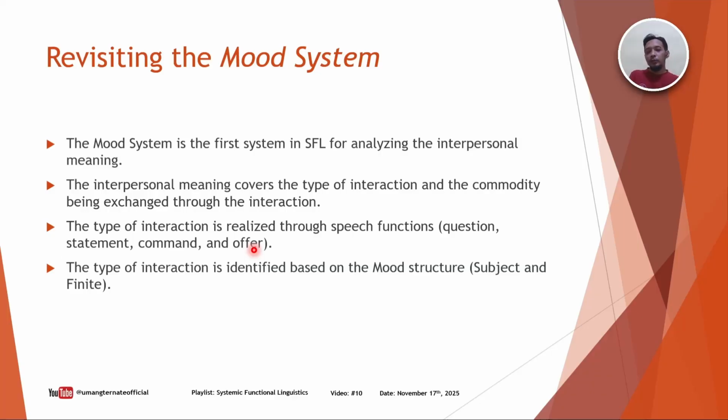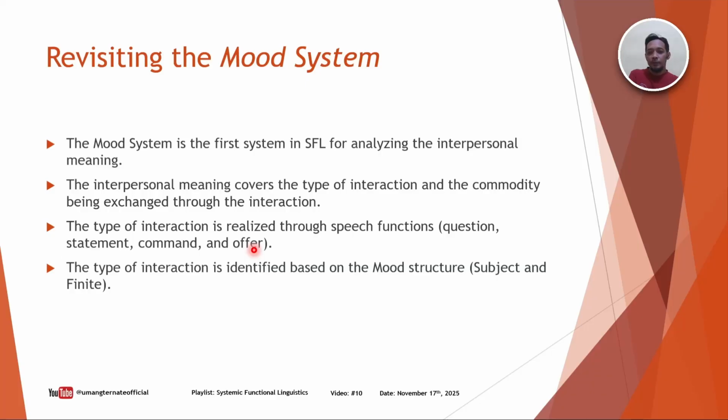And the mood system helps us to identify the type of interaction, which is based on the mood structure. And if you still remember, again, the mood structure consists of subject and finite, and also the polarity.